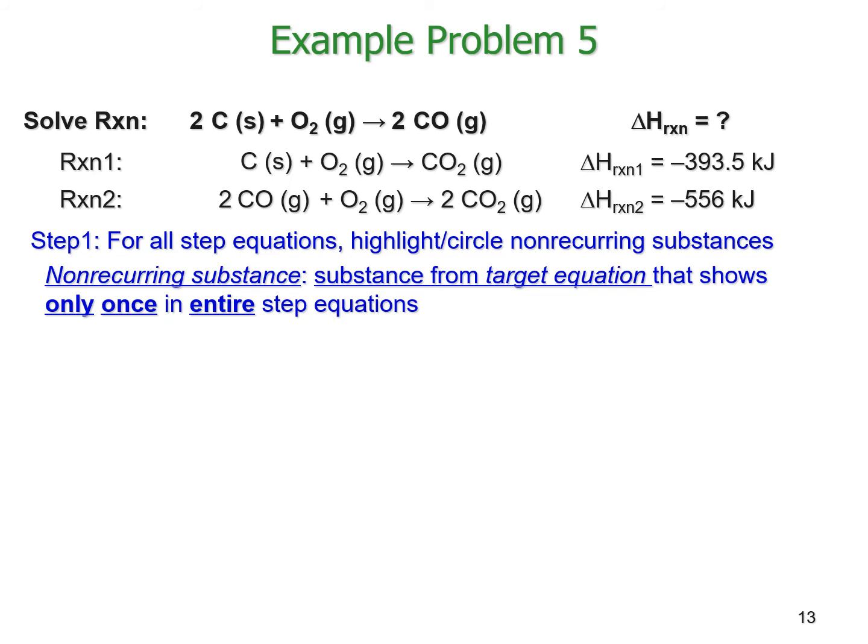Let's go through those steps. Remember, our first step is to find the non-recurring substances, which must come from the target equation. So that means we only have three to choose from.